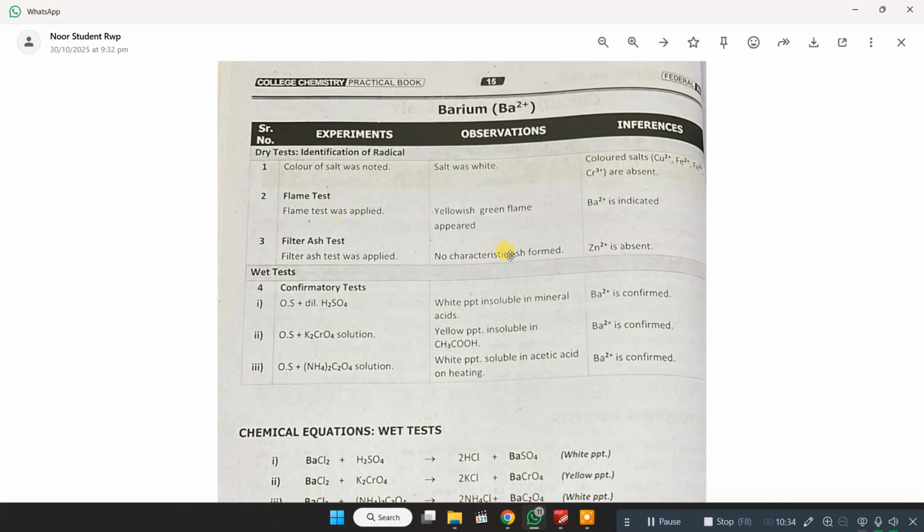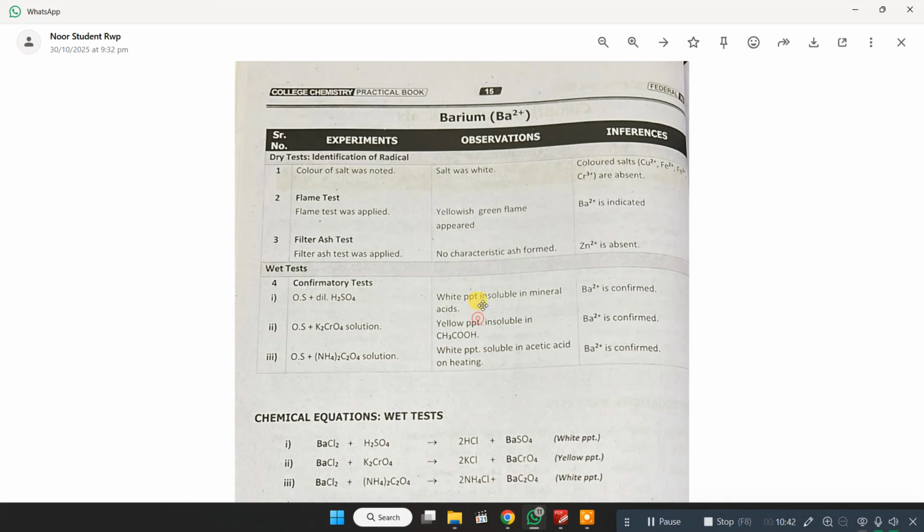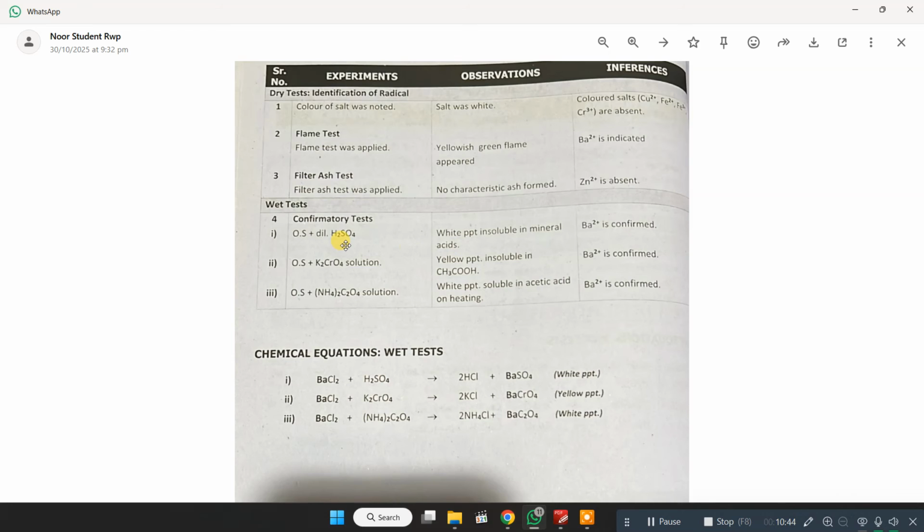These are physical tests in the sense that we haven't confirmed them by performing chemical reactions as confirmatory tests. So to confirm the presence of barium 2+ ions, we are going to perform the confirmatory test with the original solution of barium chloride, that is the barium salt, plus dilute sulfuric acid.